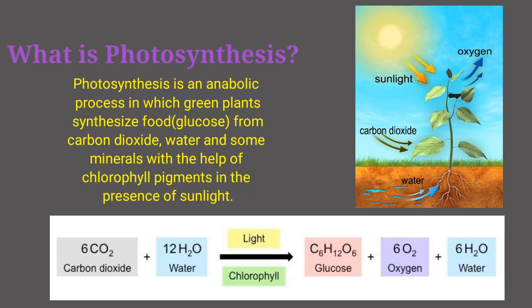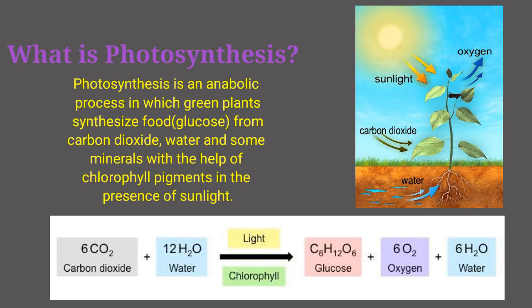Hence, the chemical reaction that is involved here is 6CO2 plus 12H2O, and that gives C6H12O6 plus 6H2O plus 6O2 in the presence of light and chlorophyll, and this is called photosynthesis.